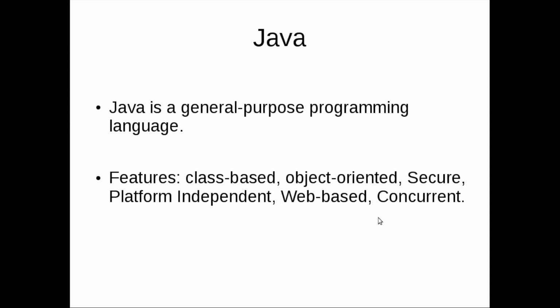Like C++, Java is also an object-oriented programming language. It follows different features of OOP, object-oriented programming, like classes, object, inheritance, abstraction, virtualization, static and dynamic binding, polymorphism, etc. Yeah, it is a class-based one.